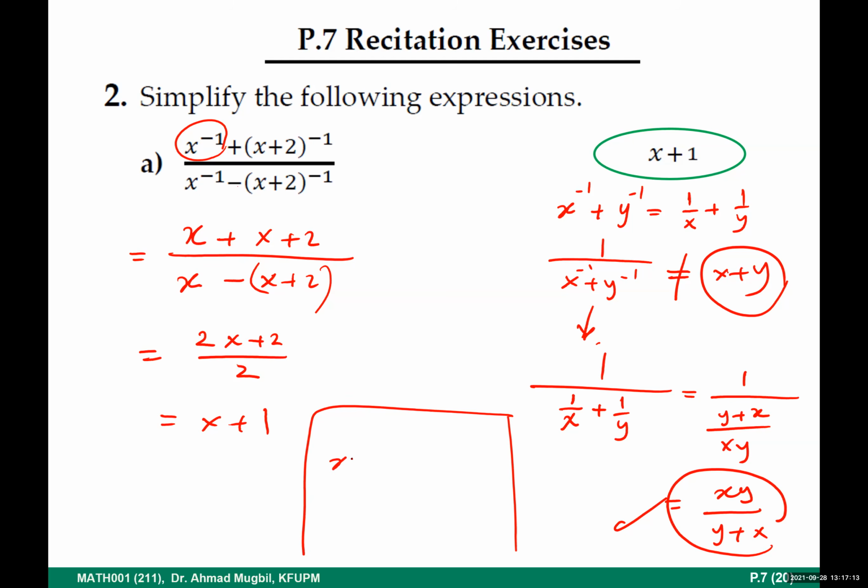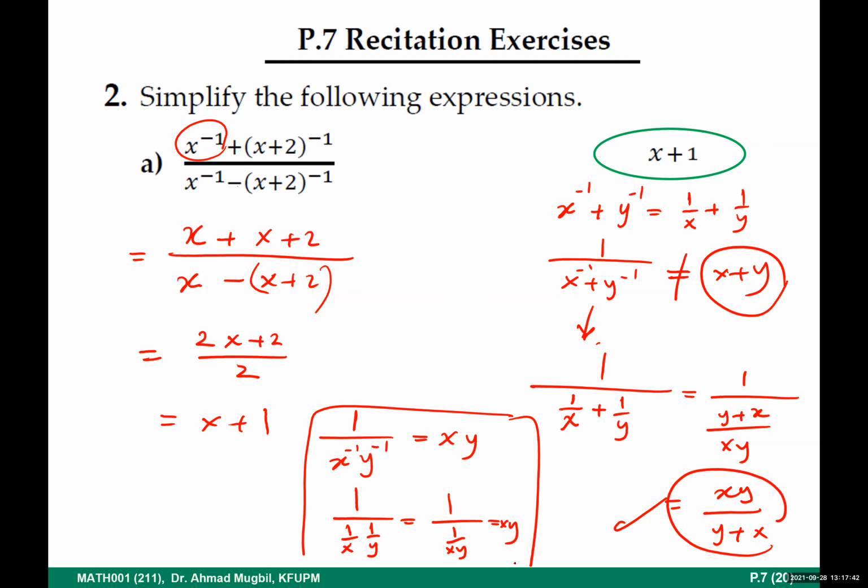Look, let me ask you this. x to the power negative 1 times y to the power negative 1, all in the denominator, equals xy. This is correct. Why? Because this is 1 over x and this is 1 over y, which equals 1 over xy, and 1 divided by that will be xy.